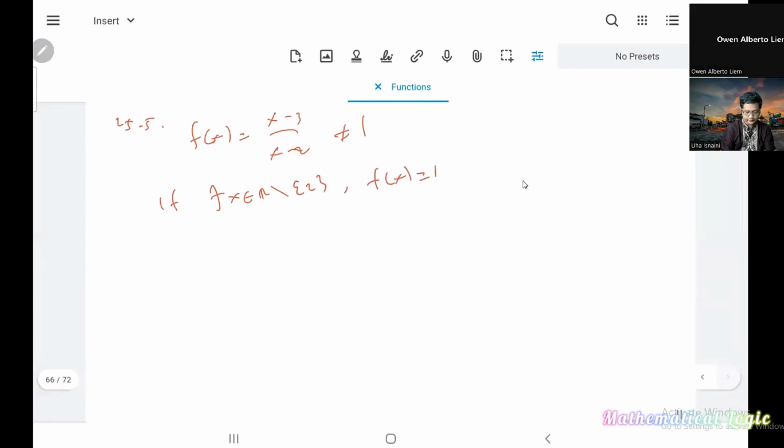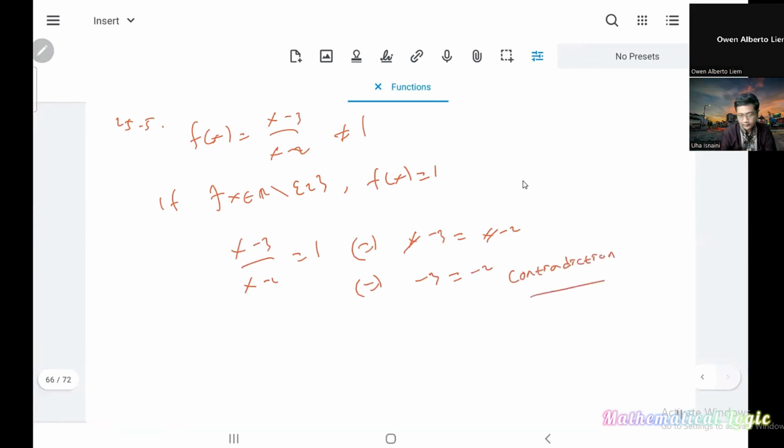Then (x minus 3) over (x minus 2) is equal to 1, so x minus 3 is equal to x minus 2, and then cancel out x, and you have minus 3 is equal to minus 2, and this is a contradiction. Why? Because minus 2 is not equal to minus 3. So that's why we call it a function.